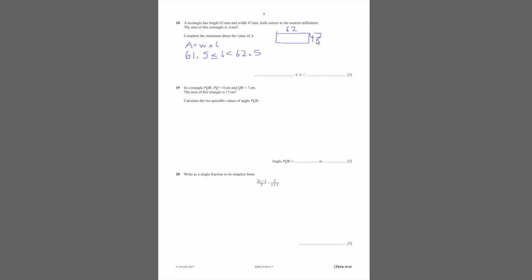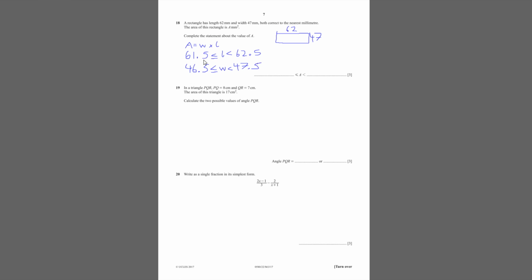So we'll do the same for our width, which is 47. So we'll have 46.5 is less than or equal to our width, which is less than 47.5.